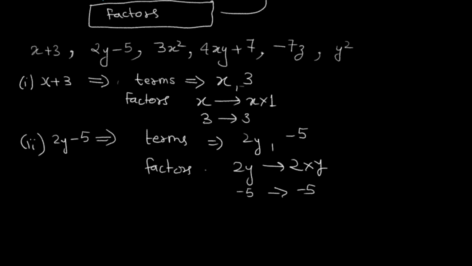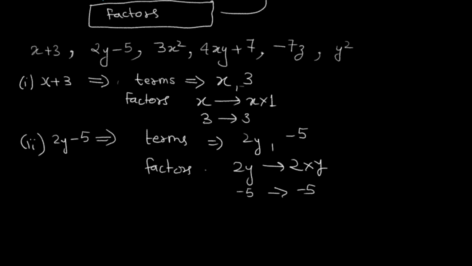Basically, these numbers which come without any variable, their factors are the same number. Even if we are given 15, we don't write 3 into 5, we simply write 15. Constants are written the way they are given, we don't have to factorize them.